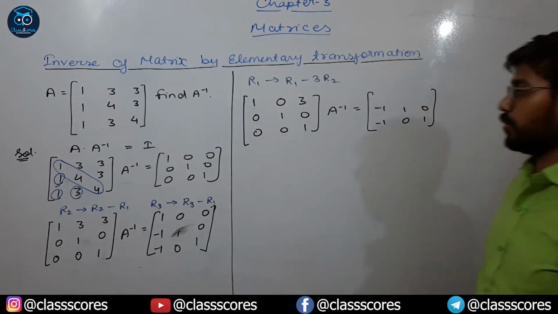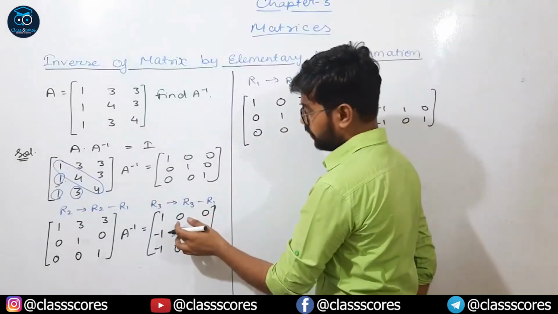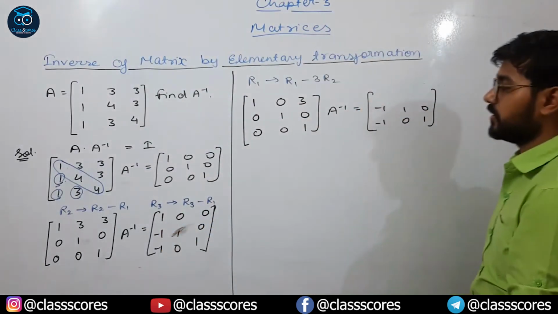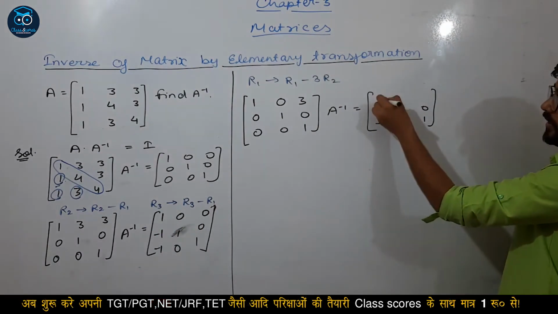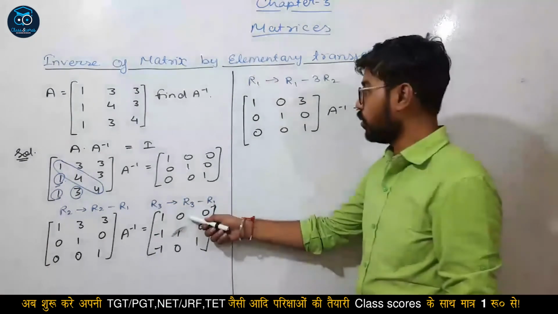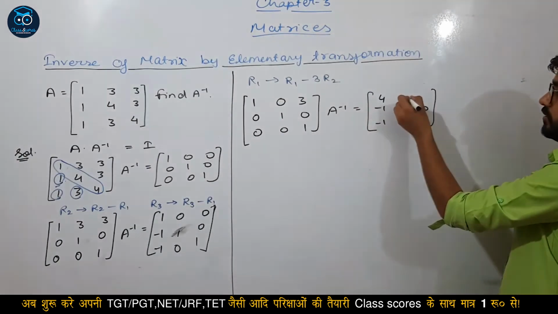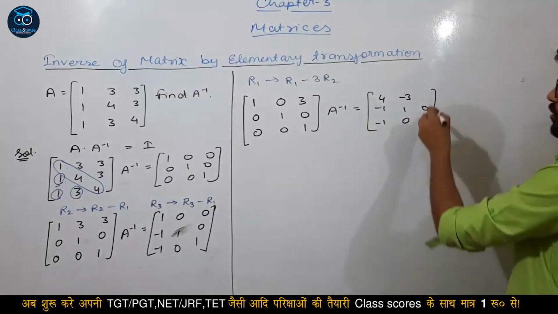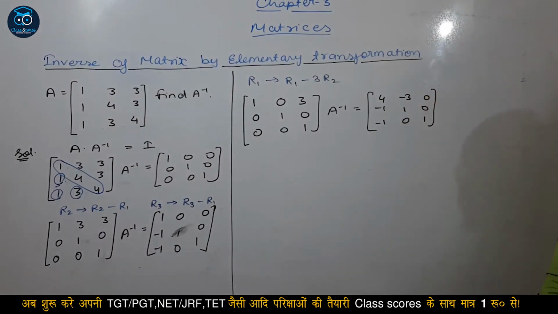Now for the first row, R1 minus 3 R2. 1 plus 3, that is 4. 0 minus 3, that is minus 3. 0 minus 0, that is 0. Clear?